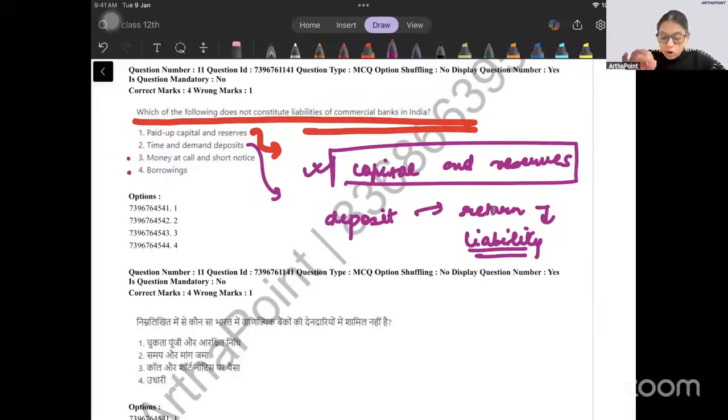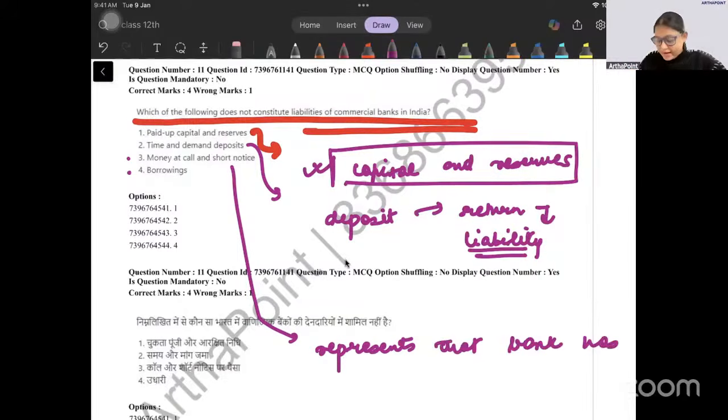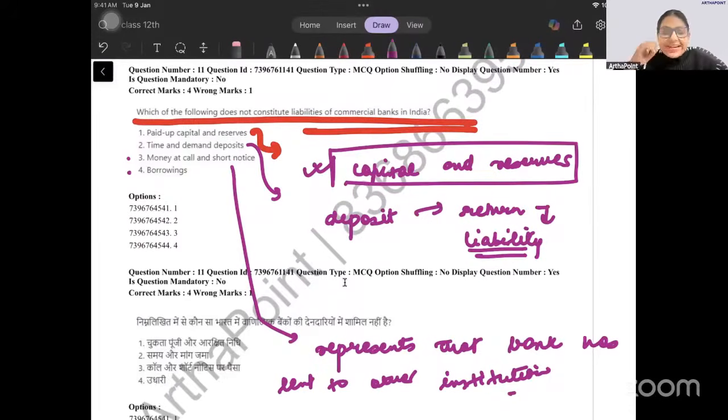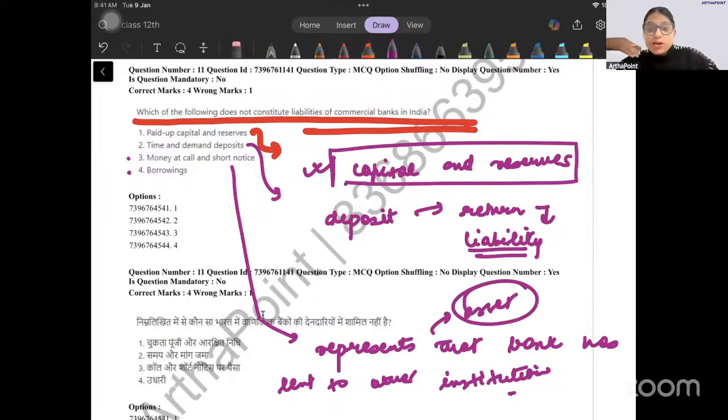It represents that money or that fund that the bank has lent to other institutions, right? मनी एट कॉल या मनी एट शॉर्ट नोटिस वो पैसा होता है जो बैंक ने दूसरे इंस्टीट्यूट्स को दिया होता है. सो इट इज नॉट अ लायबिलिटी ऑफ द बैंक, इट रिप्रेजेंट्स एन एसेट ऑफ द बैंक. इट विल गेट इंटरेस्ट ऑन इट, इट विल अर्न मनी ऑन इट, राइट? बोरोइंग, जो पैसा उसने बोरो किया वो तो उसको वापस करना ही है, सो दैट इज ऑल्सो लायबिलिटी.